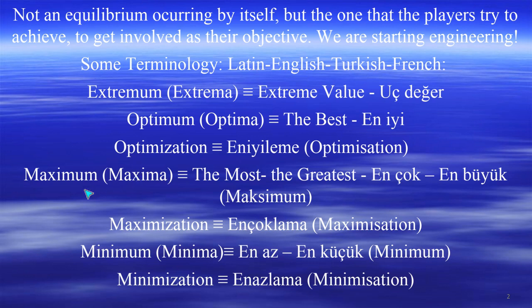We have also maximum, maxima in plural, maximum in singular, which means the most, the greatest, in Turkish en çok, en büyük. In French, and we also use the term maximum in Turkish, or minimum, the opposite of it. In French, it is written the same as in English. It's pronounced maximum.